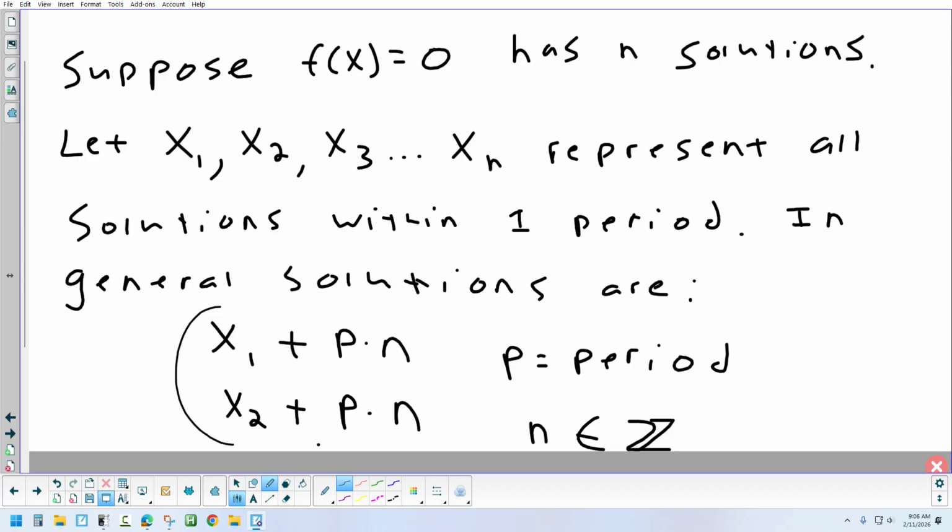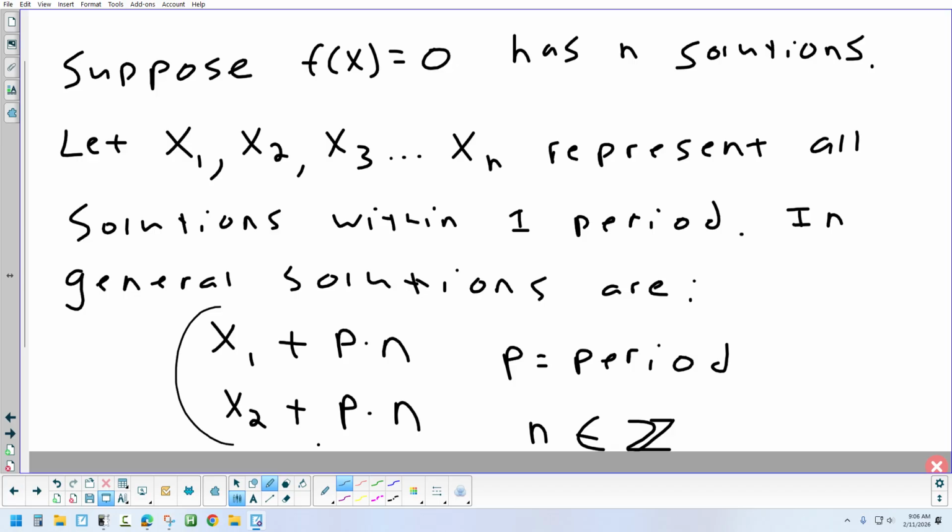So it's very important we understand why we're putting period times n. You have to know why we're doing that. What does that n mean? Is it anything but 0? No, it could be 0. 0 is okay. That's the symbol for integers. N is an integer.